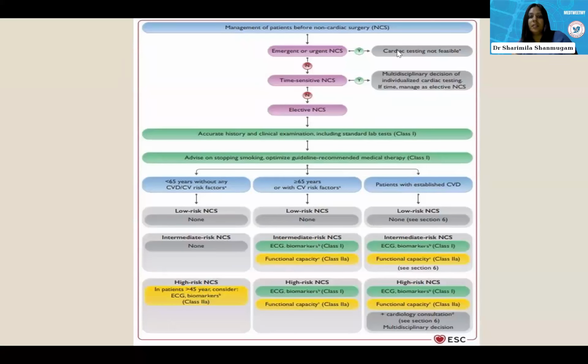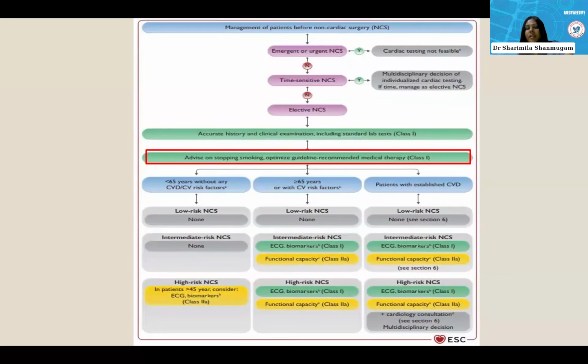So this is another diagram. Actually, it's quite good to have. We took the history and examination. Importantly, above here, it says advise on stopping smoking and optimize guideline medical therapy as recommended, also class 1.